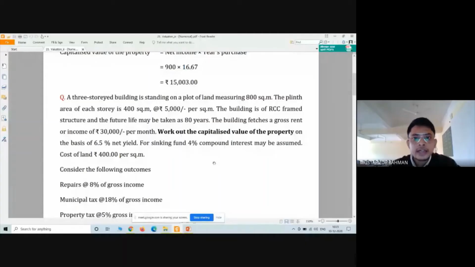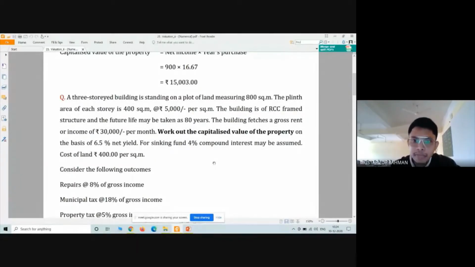So we shall continue again. In this problem, all the data, the gross income, the outgoings, the sinking fund, the percentage, are given to us. And we shall have to finally calculate the capitalized value of the property.